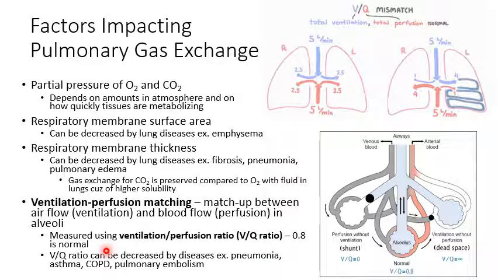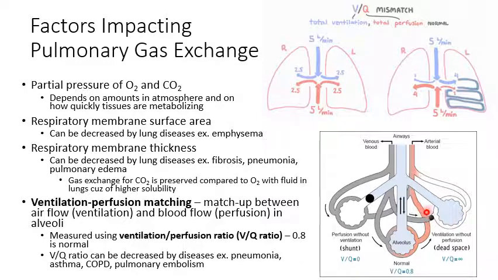Different diseases can impact that. If you have a blockage in an airway, that's called a pulmonary shunt. You're not going to have air entering the alveolus. You're still going to have blood flowing to it, so that is a VQ mismatch. On the other hand, if you have a pulmonary embolism, you're going to have a blockage in the blood vessel.